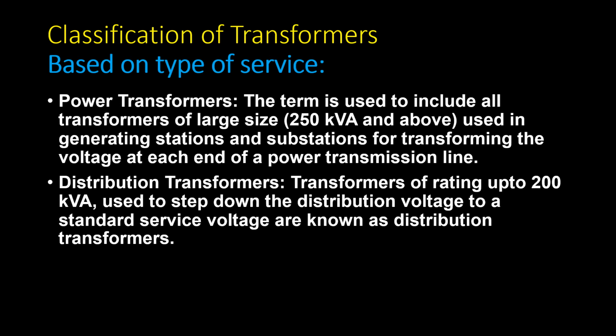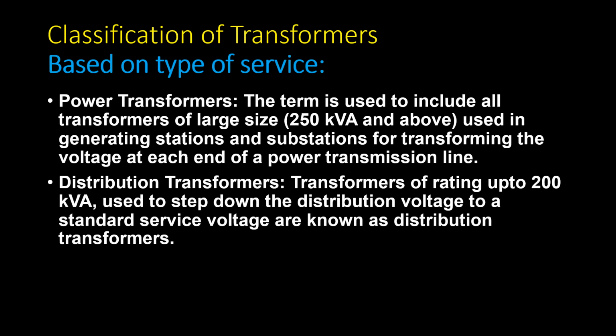First we are considering type of transformer based on service, which type of service it provides. In an electrical power system, right from generation up to utilization, we need to transfer power at different voltage levels. At the generating plant, we generate electricity at either 11 kV or 6.6 kV.